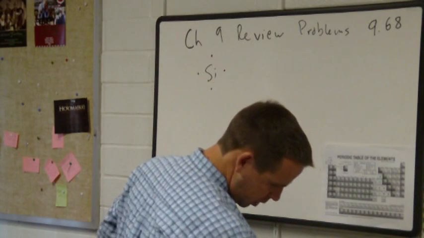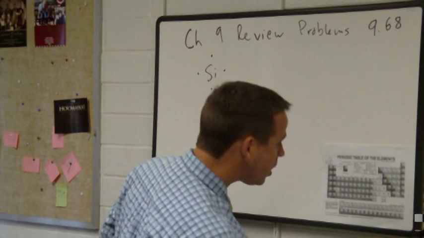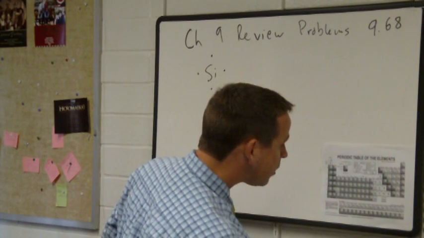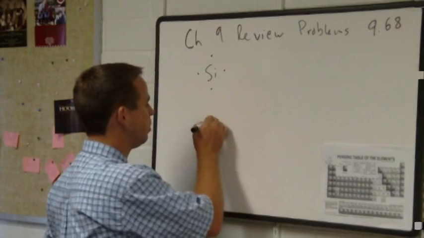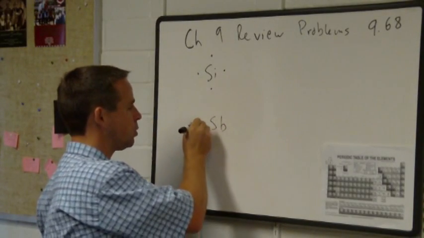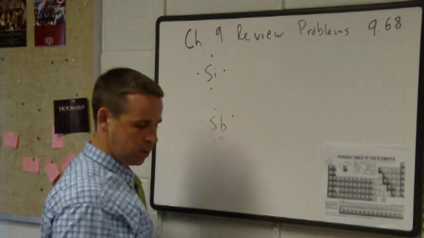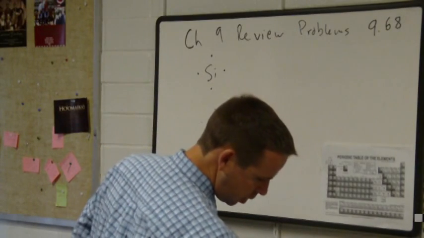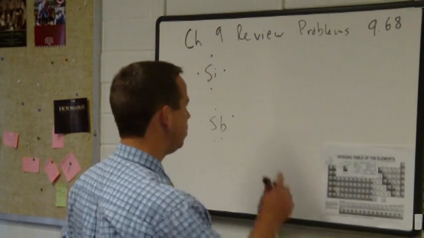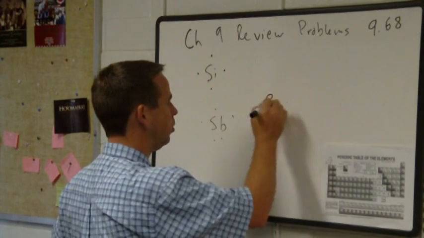Next, we have antimony, Sb. It has 5 valence electrons, outer shell electrons, 1, 2, 3, 4, 5. So that's for antimony. Barium has 2, 1, 2.